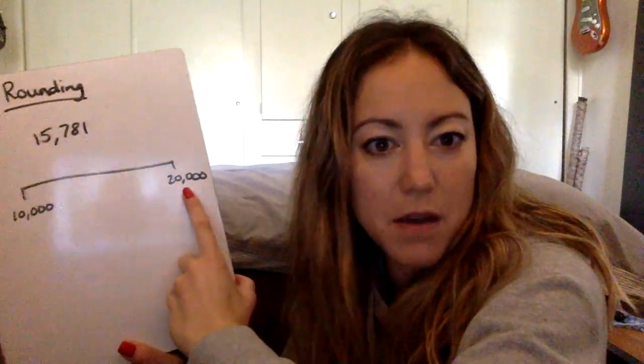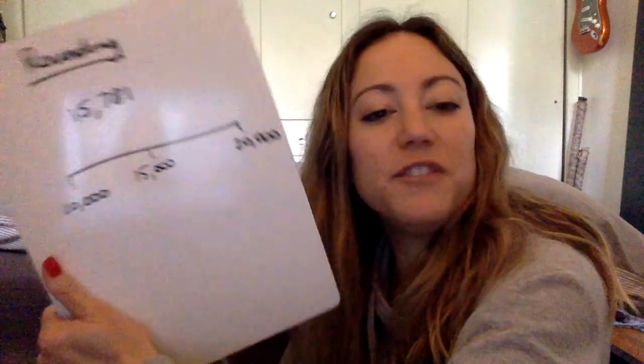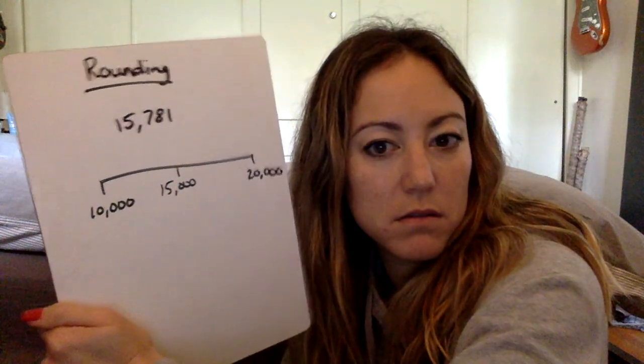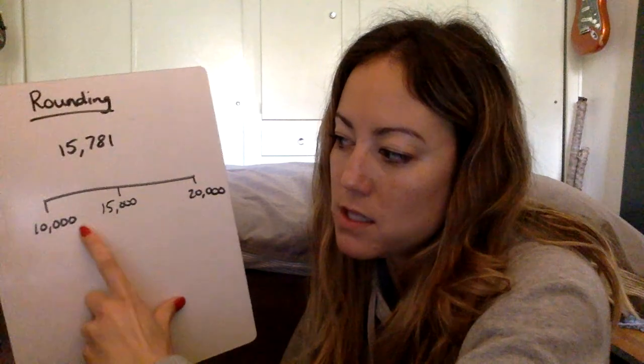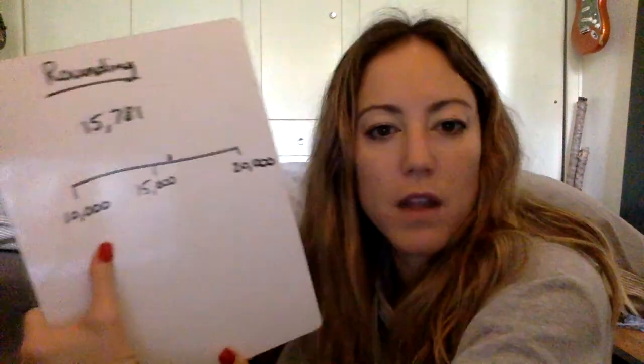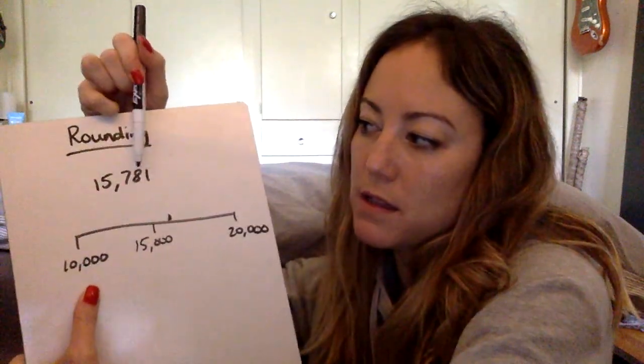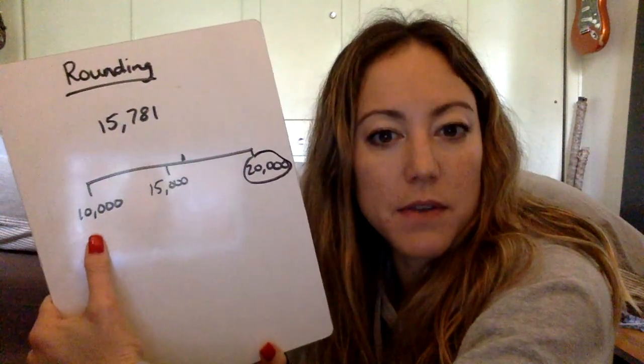Because it's bigger than 10,000, but less than 20,000. Right in the middle would be 15,000. So is this number bigger than the halfway point, or smaller? It's bigger, right? It would be about right here. So if you're rounding this number to the nearest 10,000, it would be closer to 20,000 than 10,000.